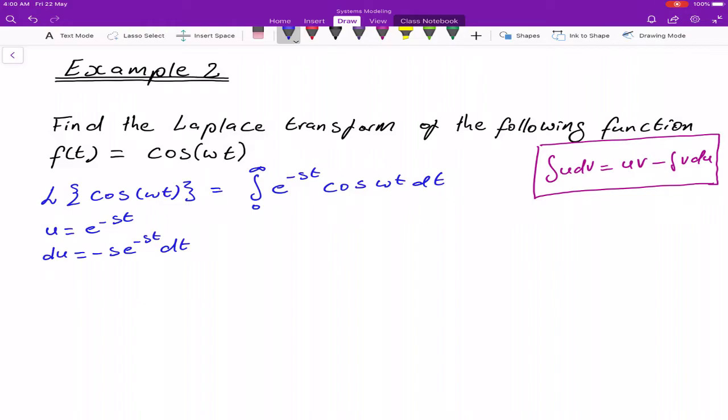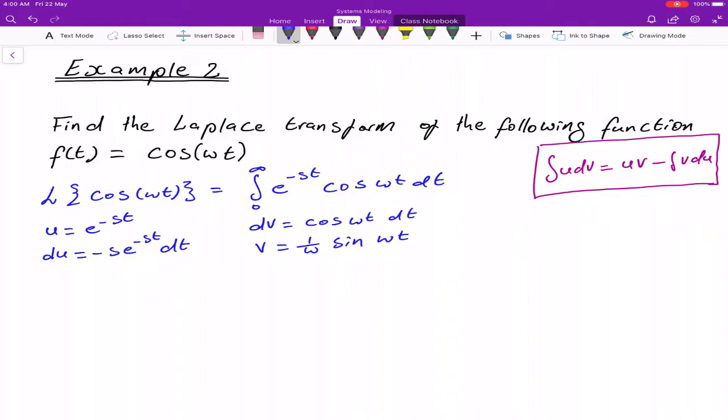Next, we can pick dv is equal to cosine omega t dt. So integrating that, we get v is equal to 1 over omega sine omega t.